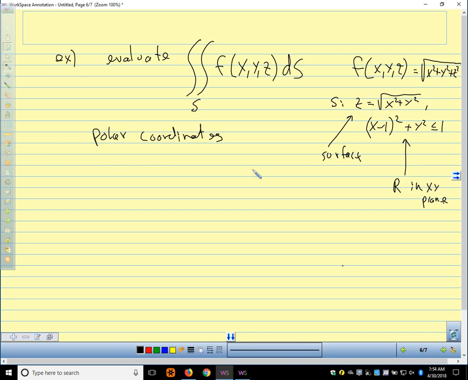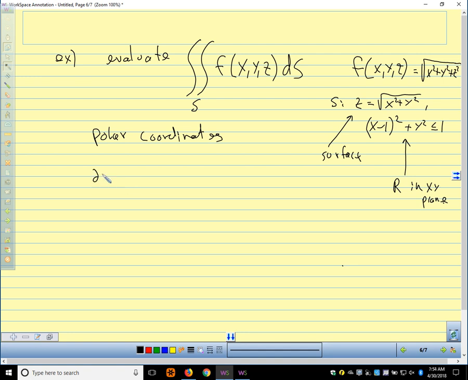The surface is a cone, and it's above this circle in the xy plane or within this cylinder. So this gives us our surface z, and that's where we're going to get our partial derivatives.